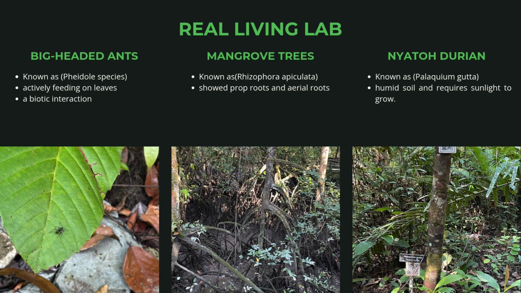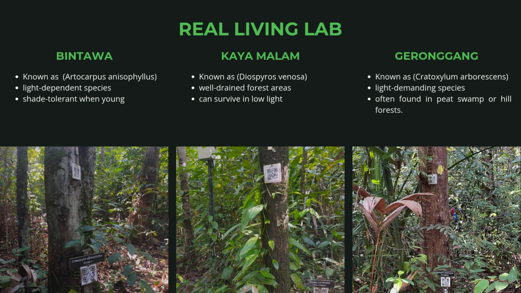We also observed several native tree species in the tropical rainforest, including Nyatoh, Palaquium gutta, and durian, which thrive in rich, humid soil and require sunlight to grow. Pintawa, Artocarpus anisophyllus, is another light-dependent species, shade-tolerant when young but needing more light as it matures.